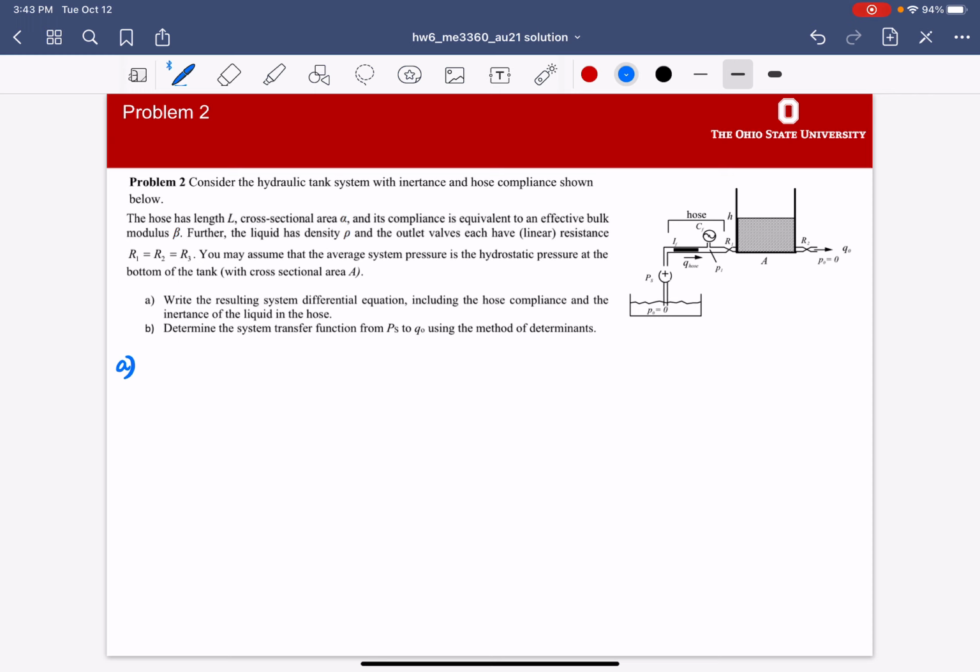As you know, inertance is analogous to inductance in an electrical circuit, and for this part the expression would be given something like this. We have the pressure difference, and in this case we are looking at the pressure at this point over here and at this point over here, before and after the hose.